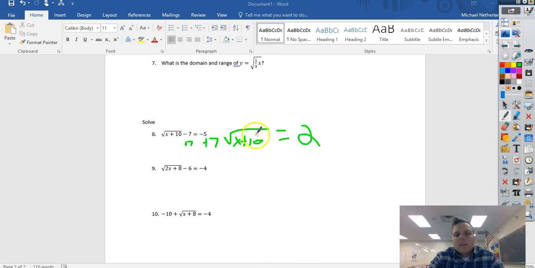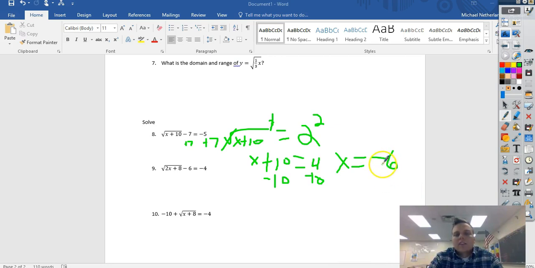Alright, now, the next thing I want to do is get rid of the square root symbol. So I need to square both sides. So that cancels and that cancels. So I get x plus 10 is equal to 4. Alright. Now what you want to do is subtract 10 on both sides. You get x is equal to negative 6.